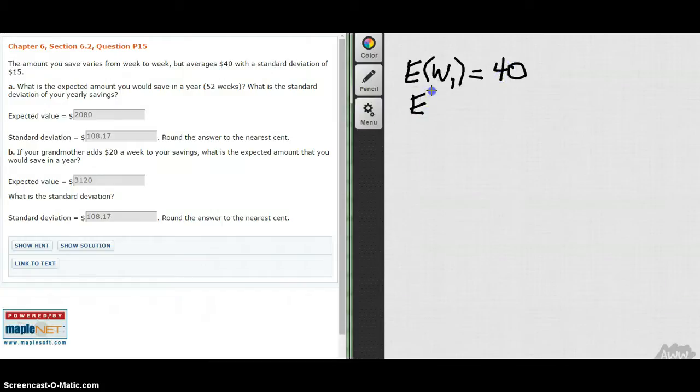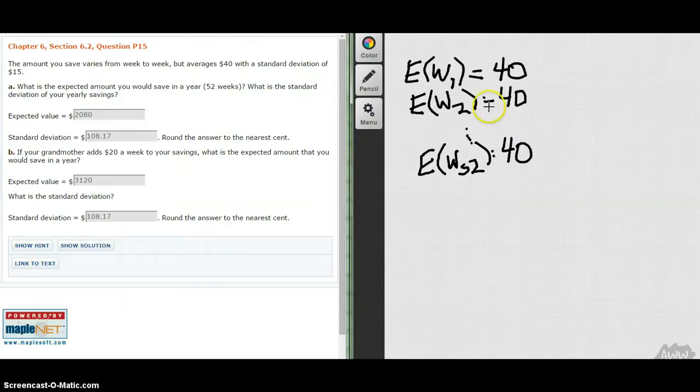Expected value of week 2 equals $40, and so on, all the way down to expected value of week 52 equals $40. Now, expected values, if we have a sum of them, we can just sum the values themselves. So we would get 52 times 40, which would give us 2080 in this case.